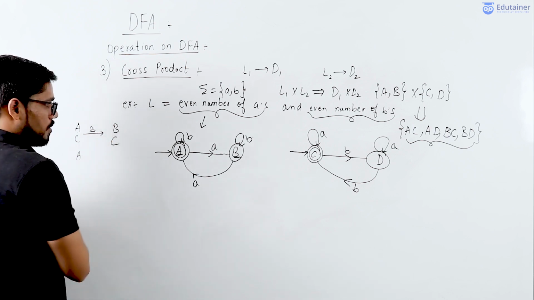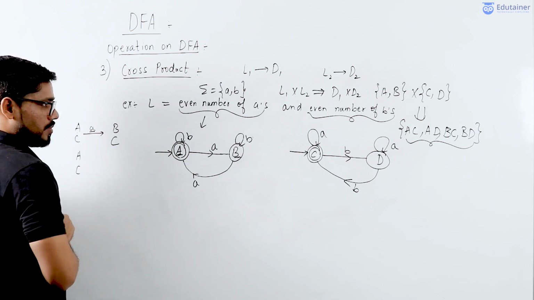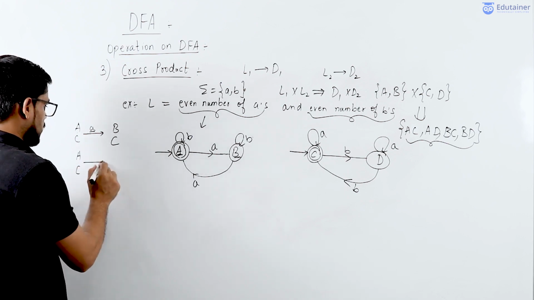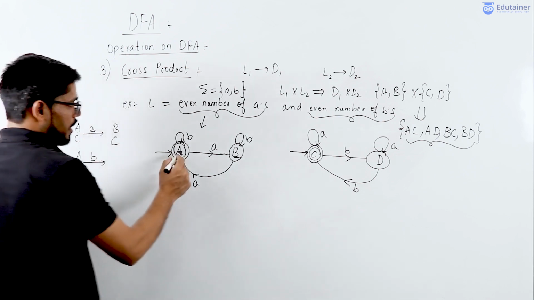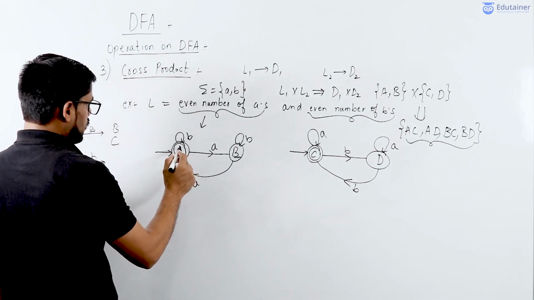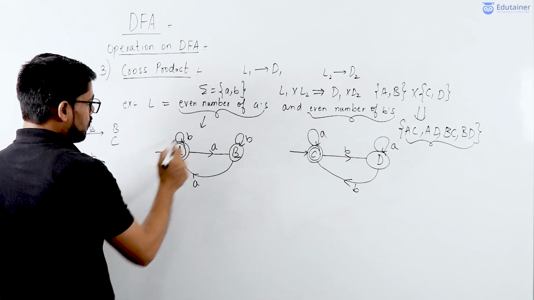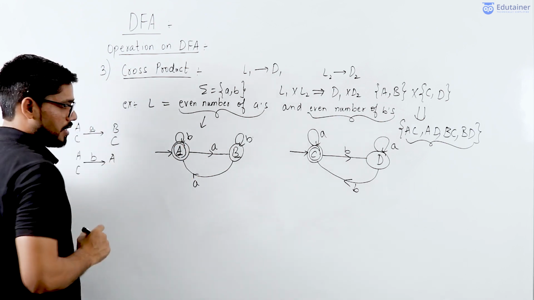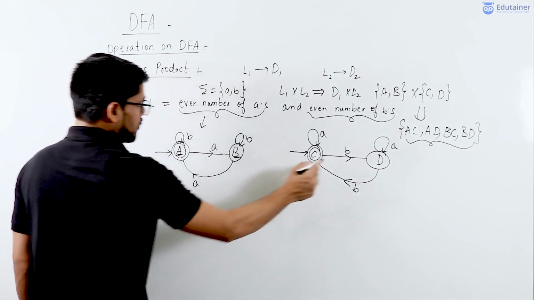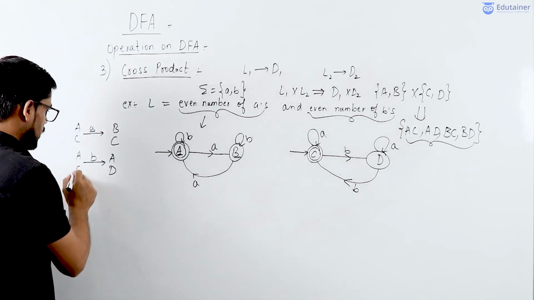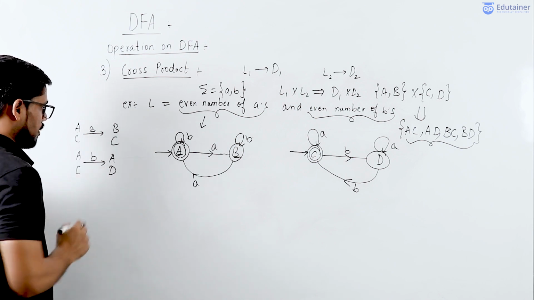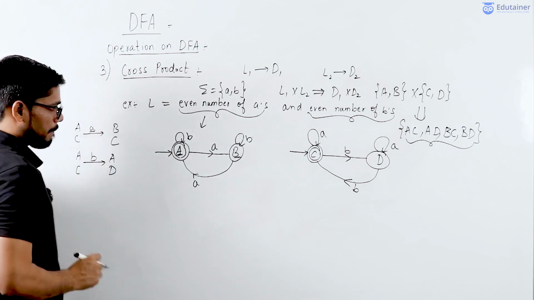If you are at state AC and see the small symbol b, then A on seeing small b remains in the A state itself, and C on small b goes to capital D. So AC on seeing small symbol b will go to the state AD.